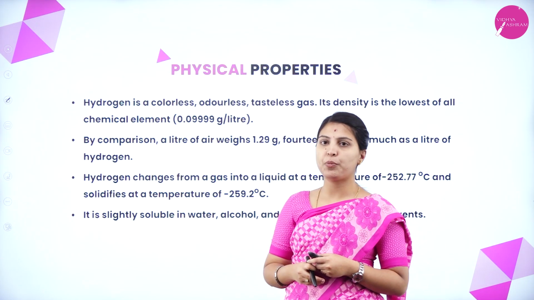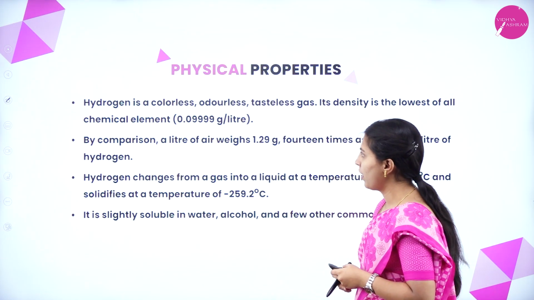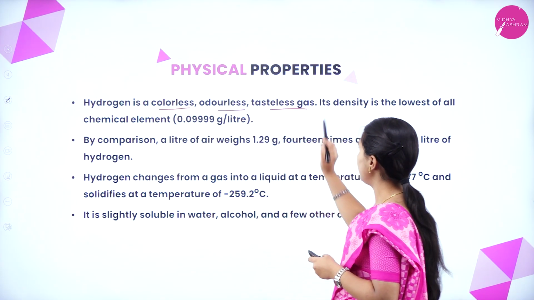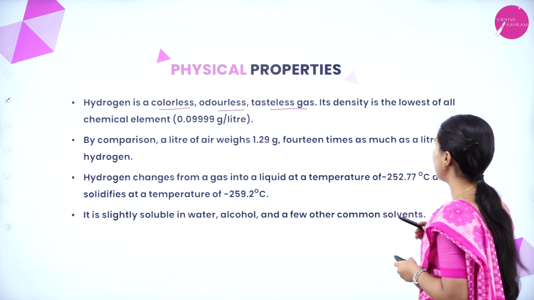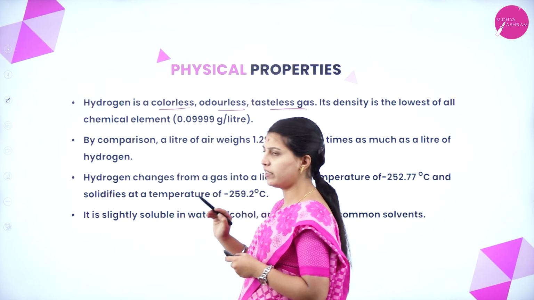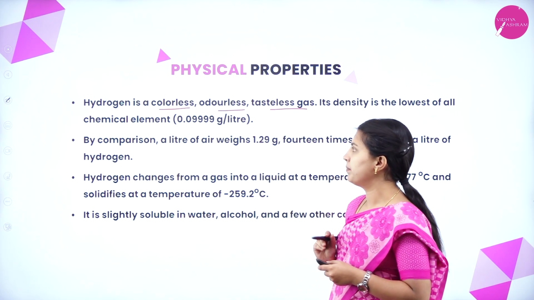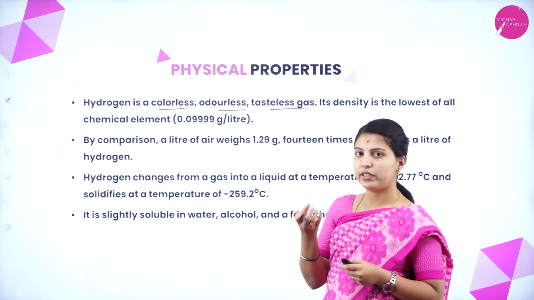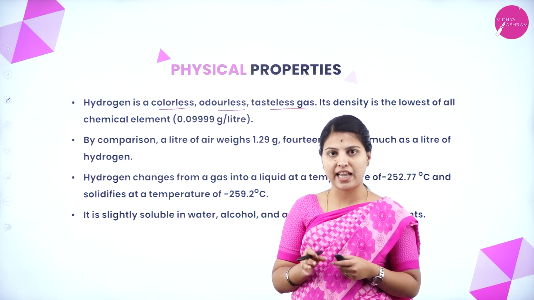First, the physical properties of dihydrogen. Hydrogen is a colorless, odorless, tasteless gas. Its density is the lowest of all chemical elements, that is 0.0999 gram per liter. Means it is odorless, tasteless, colorless, and it is a gas.